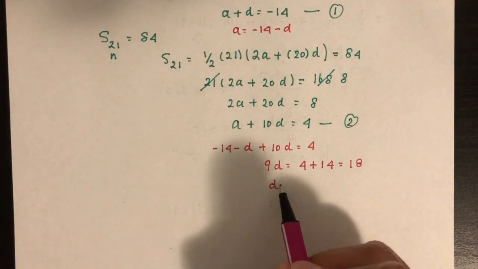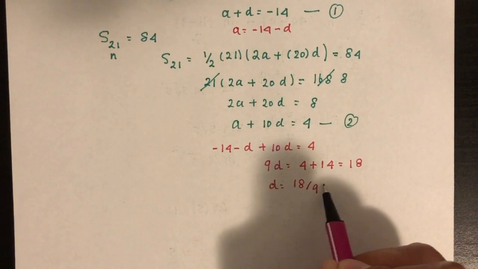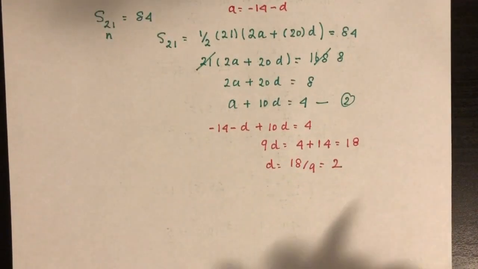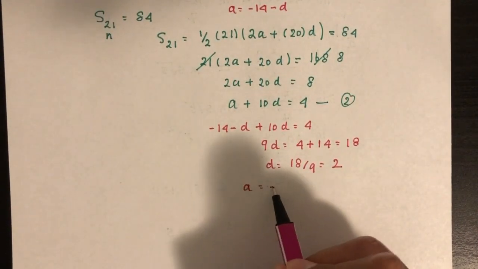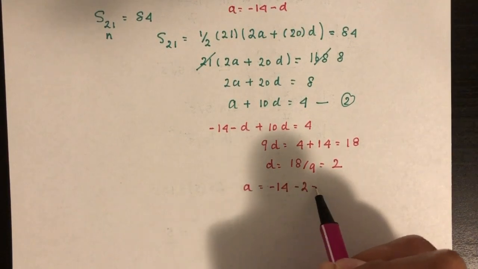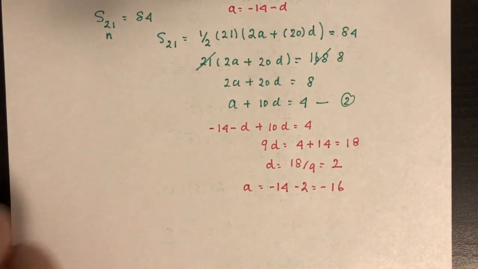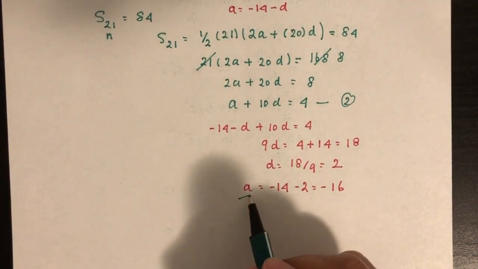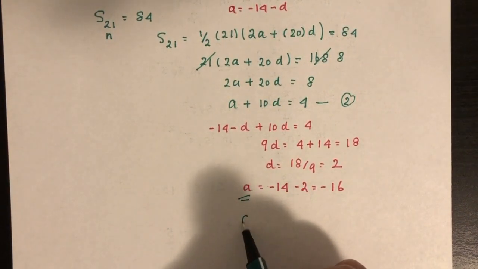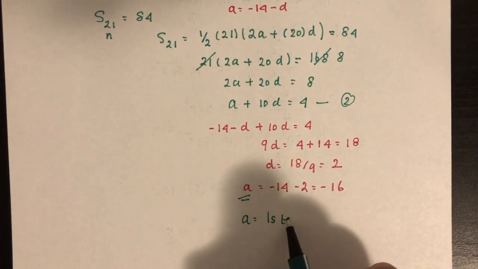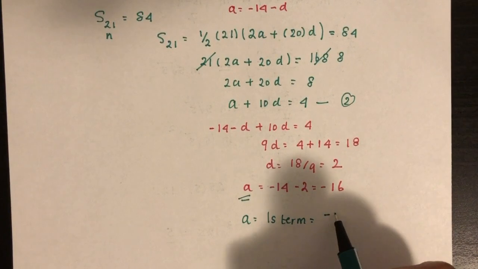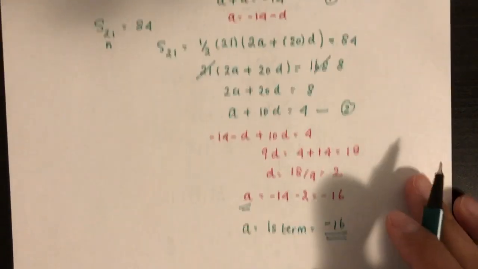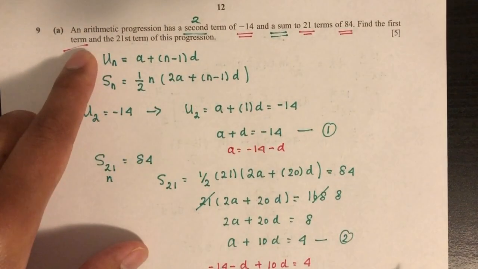So the value of d will be 18 divided by 9, which is 2. And the value of a will be minus 14 minus 2, which is minus 16. So a is your first term, a equals minus 16. That's the first answer that we need, the first term.